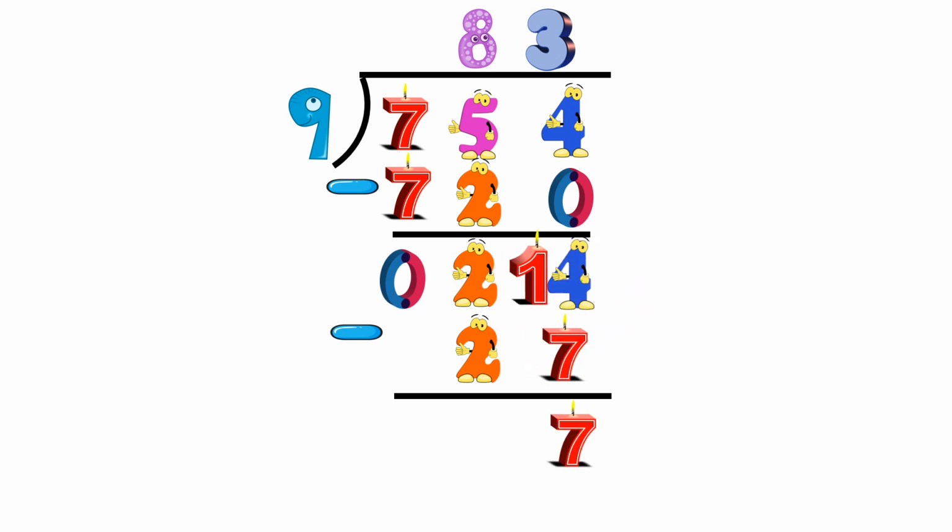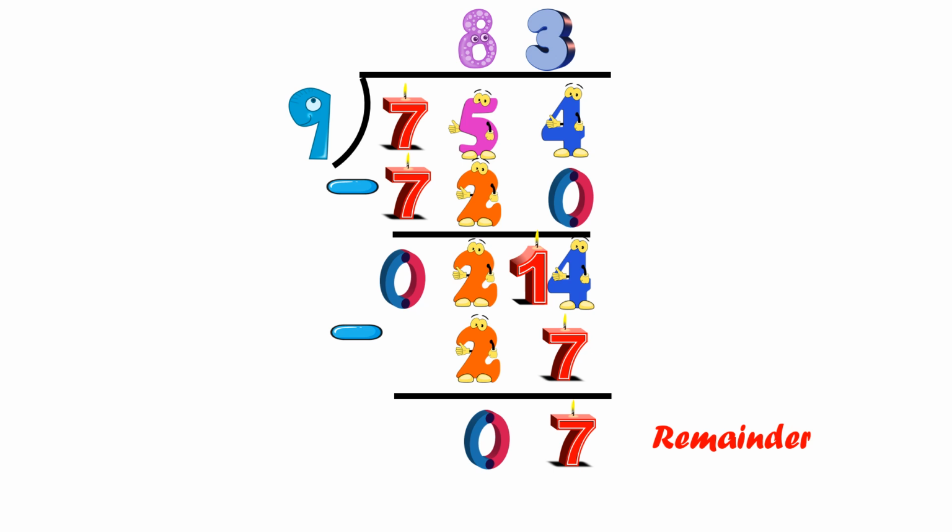After subtracting the ones digits, we subtract the tens digits. And the tens digits here are 2 and 2. 2 minus 2 is equal to 0 in the tens place. So the remainder here is 7. 7 is less than 9.